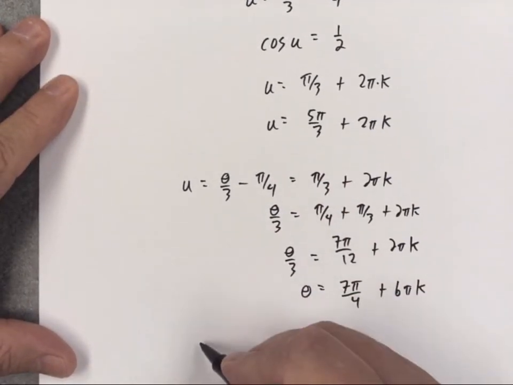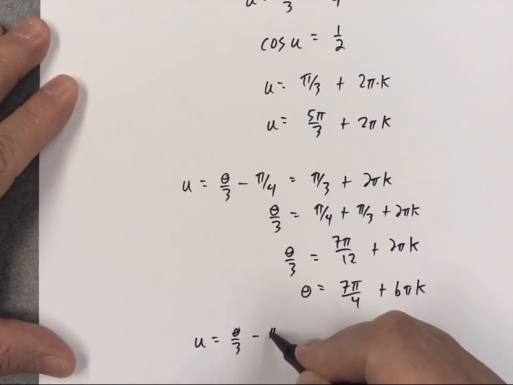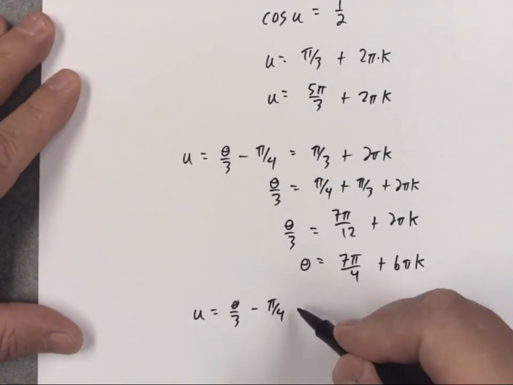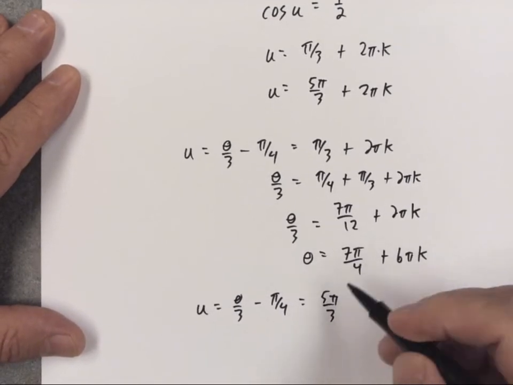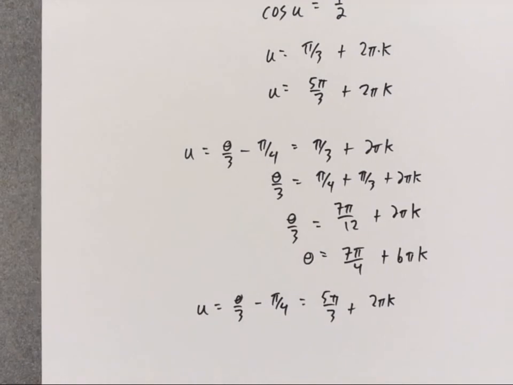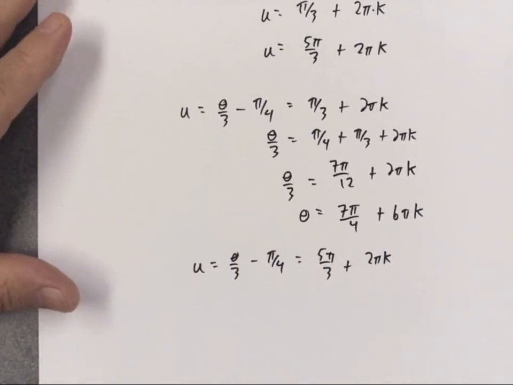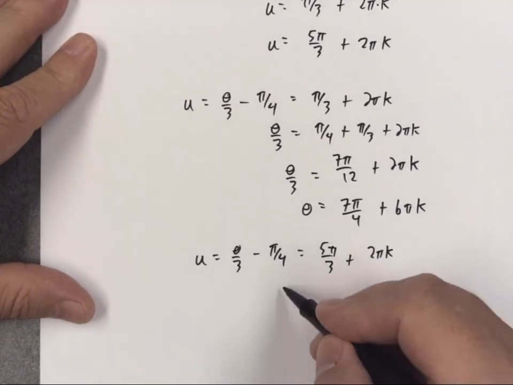I have to do the same thing for the second u. This is a really messy problem, and I apologize if I make some math errors. What I'm teaching you is correct even if I make a math error. Sorry about that, but I make errors too. So now I have to add pi over 4 to both sides.